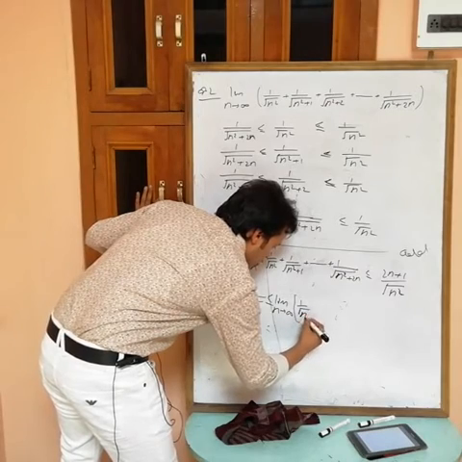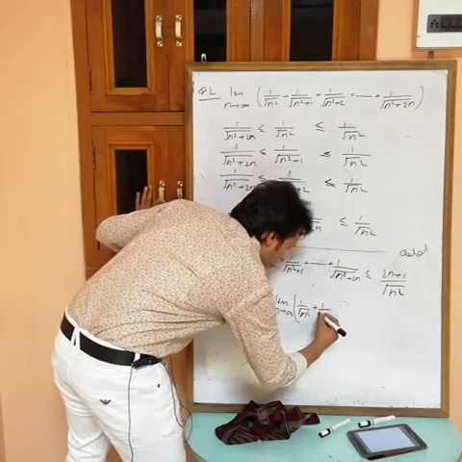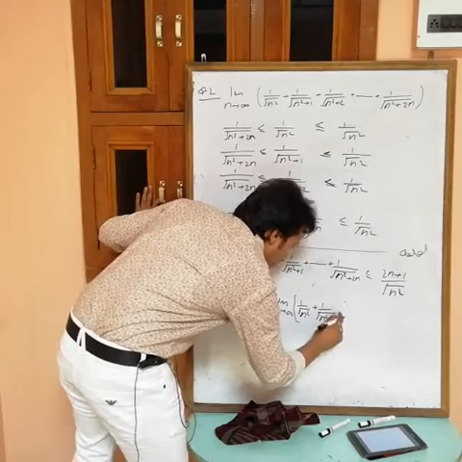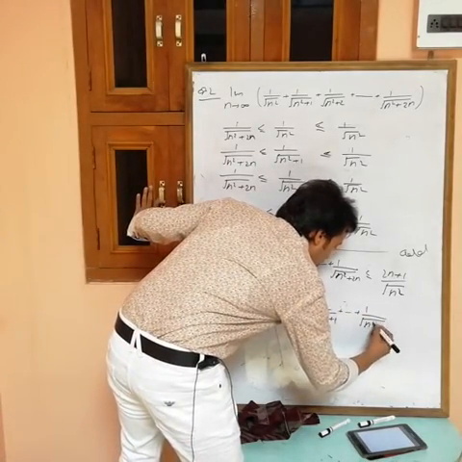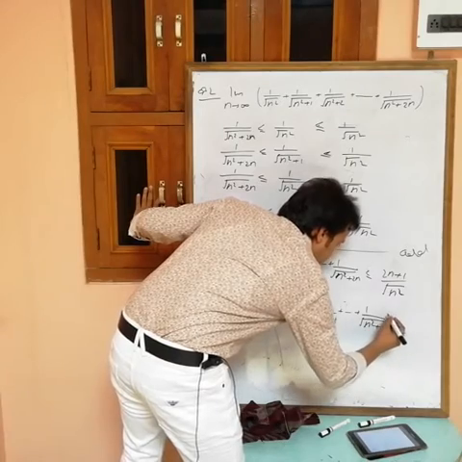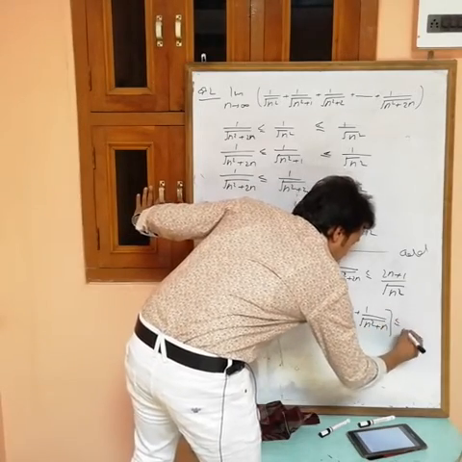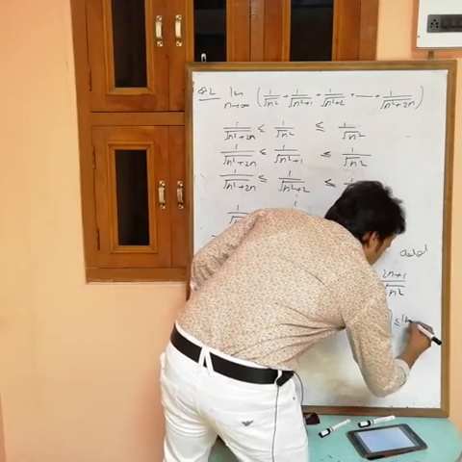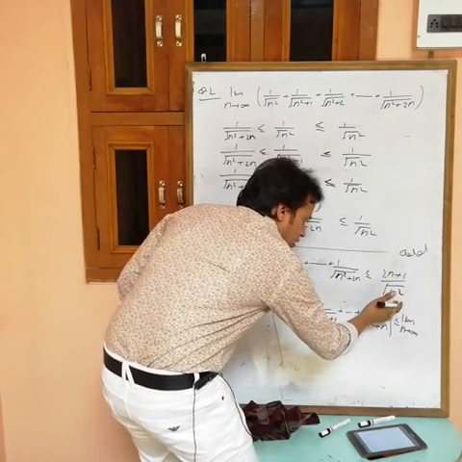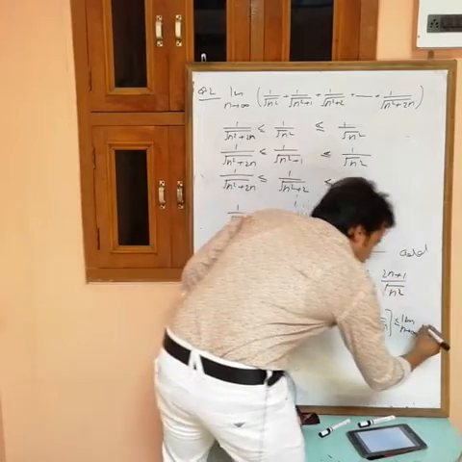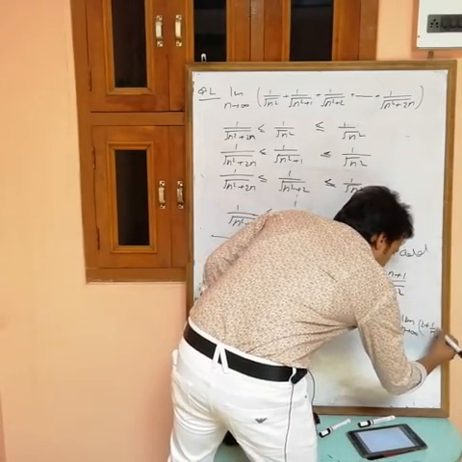root n square plus 1 by root over n square plus 1, at the end 1 by root over n square plus n. Okay, and here also limit n tending to infinity, root n square is n, divide by n, what are we getting? 2 plus 1 by n.